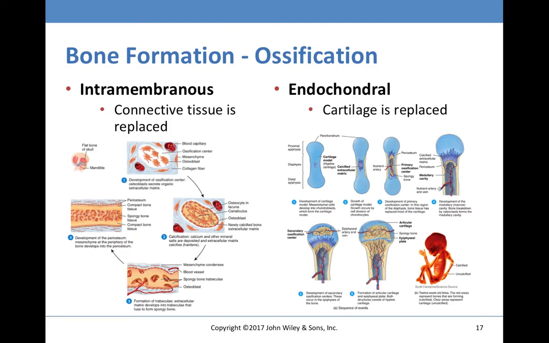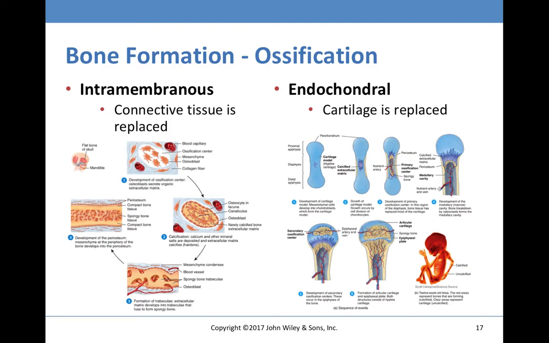This calcifying matrix will then begin to form bridges of trabeculae, and those bridges of trabeculae will constitute our spongy bone. And so we have these trabeculae with the extracellular matrix turning into spongy bone.